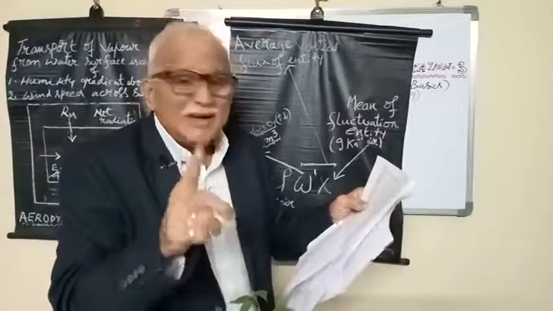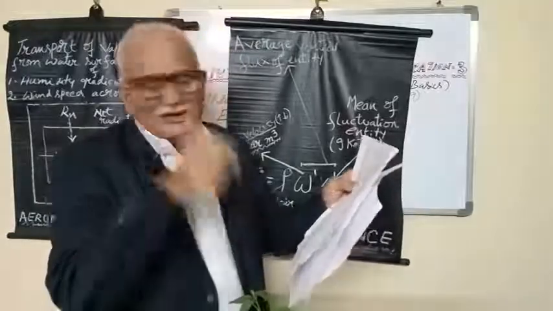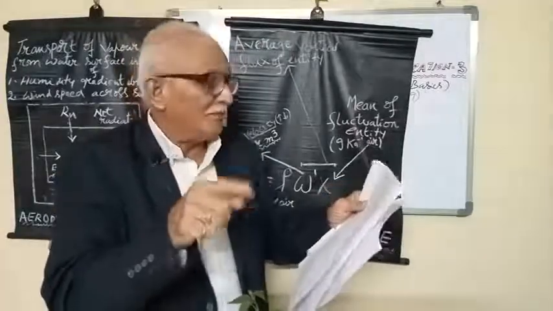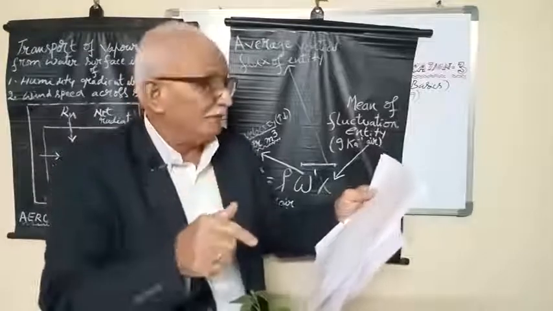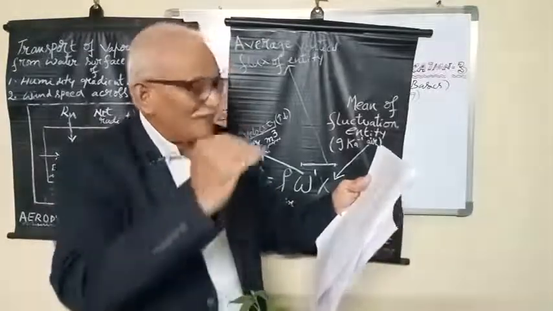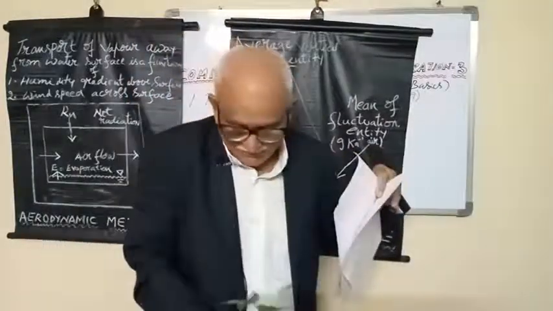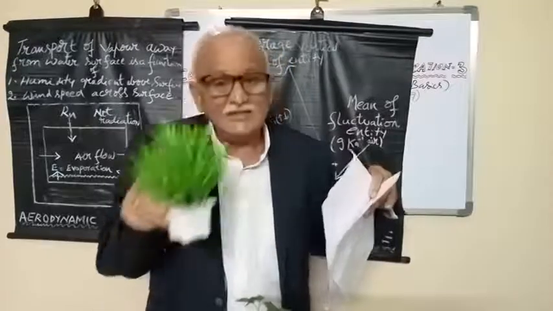Swinbank in 1951 was the first to attempt a direct measurement by the eddy correlation technique. Wonderful technique he developed. Why it is wonderful, I will tell you after half a minute. This method is based on the assumption that the vertical eddy flux, if it is a crop, this is a crop, this is in the air.